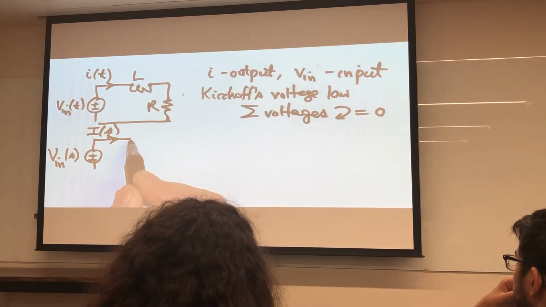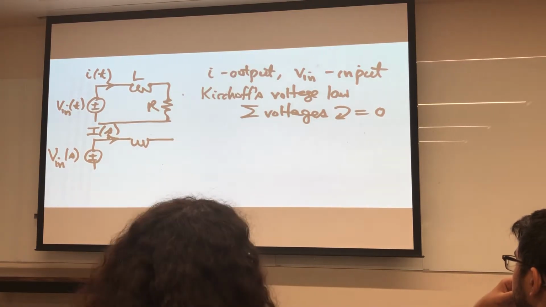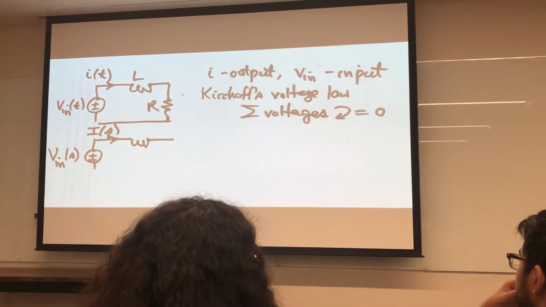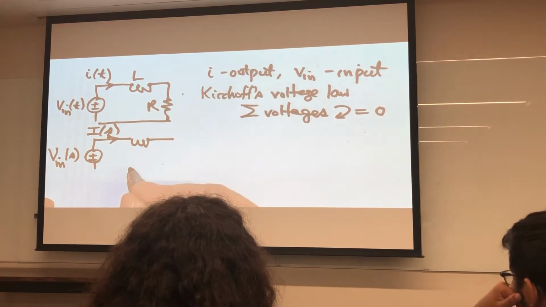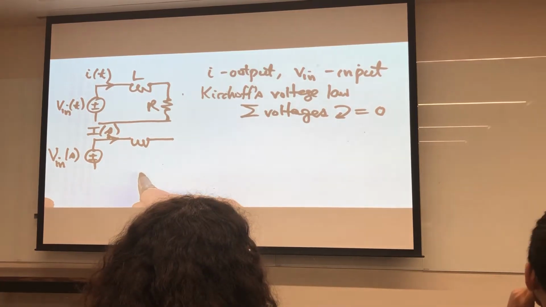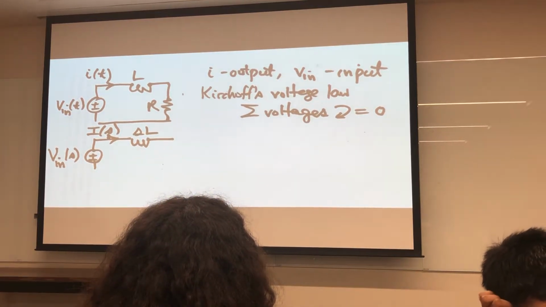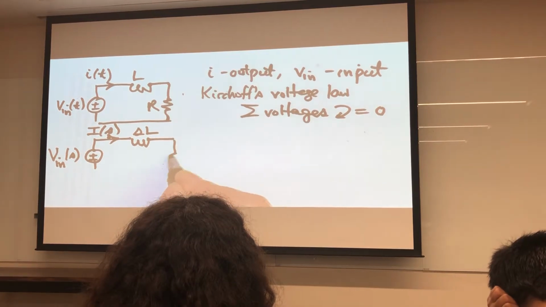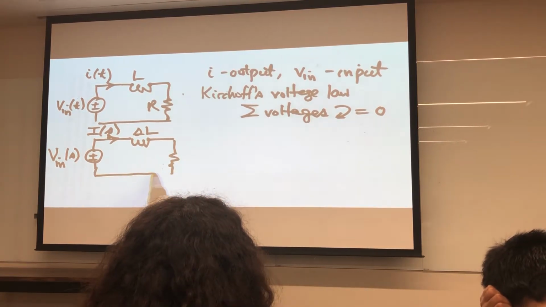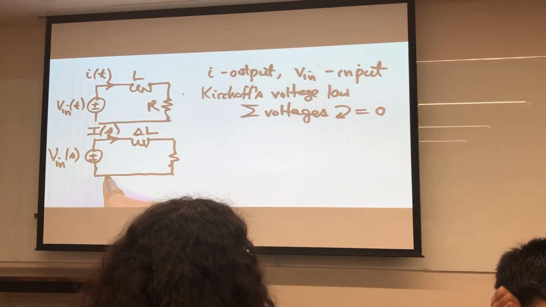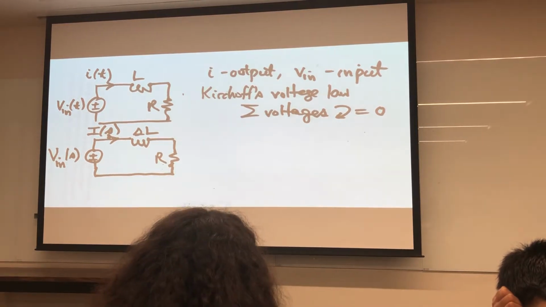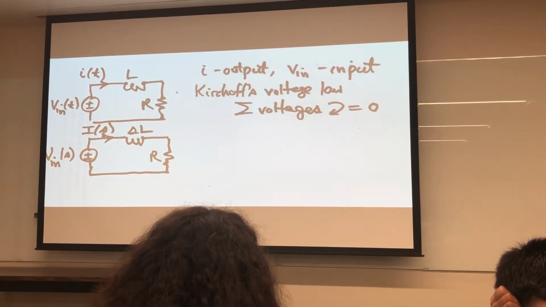And this inductor here, since we're dealing with Kirchhoff's voltage law, we'll deal with impedances. Let's review our circuit analysis. What is the impedance of an inductor? sL. Okay. And then we need to do the same thing with R. We're going to replace R by its impedance, which is R. So then we can write Kirchhoff's voltage law.